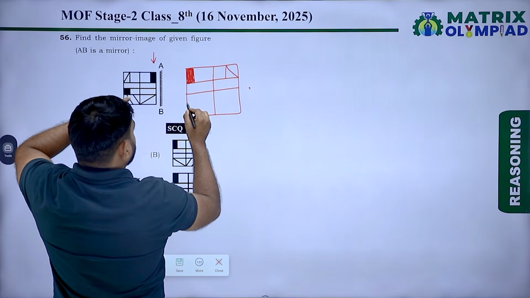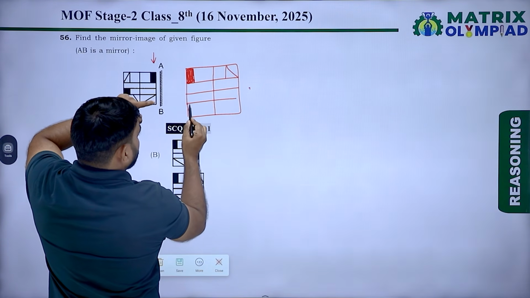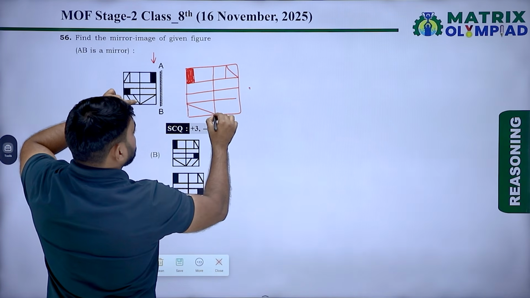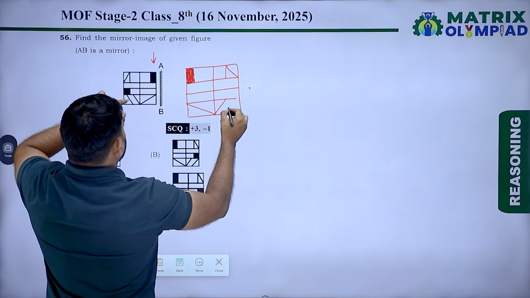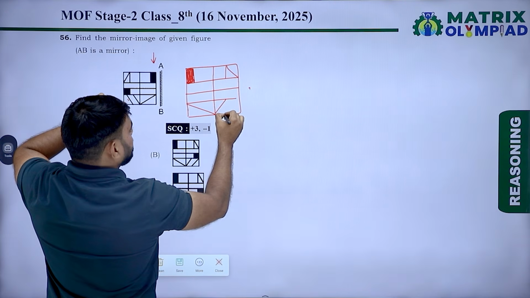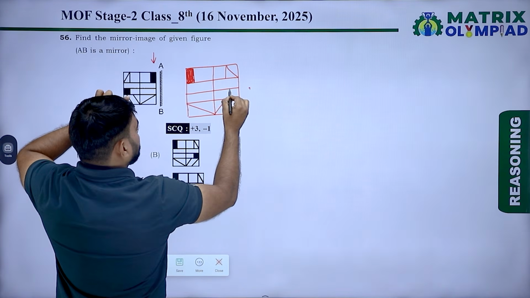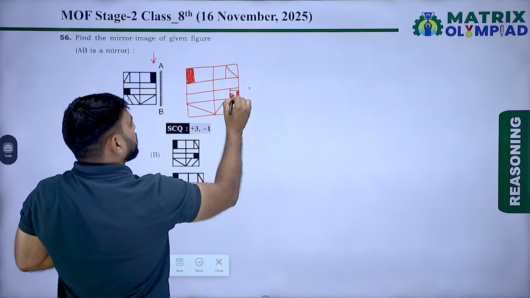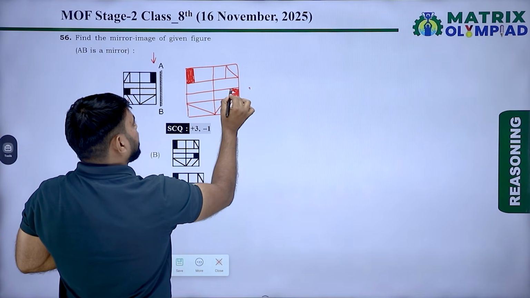Now find the mirror image of this part, and it will look something like this. Now find the mirror image of this part, so this part will look something like this, and mirror image of this part will look something like this. And mirror image of this part looks something like this. This is the complete shaded part.